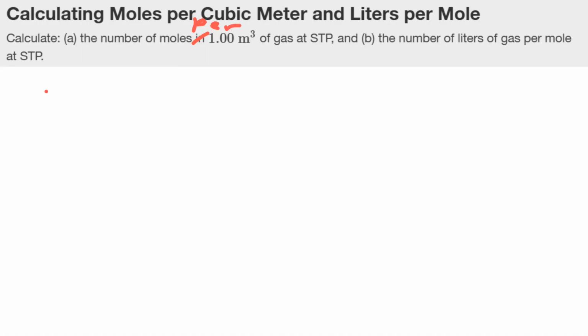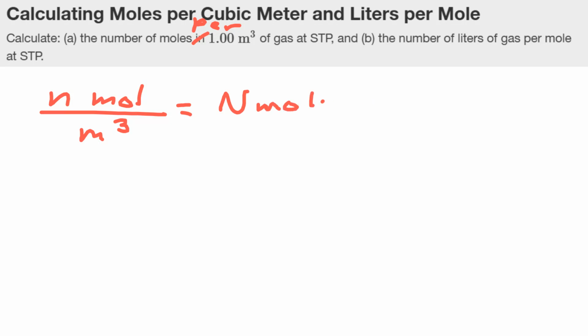So if you replace that with per, you would have n moles over meters cubed. And then you have capital N molecules, which is different than moles, per meters cubed.